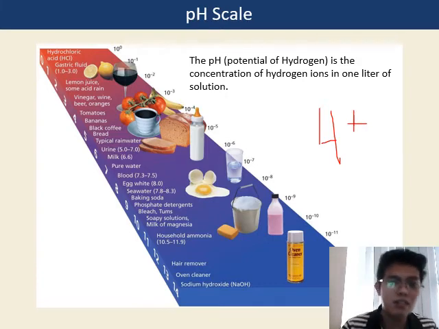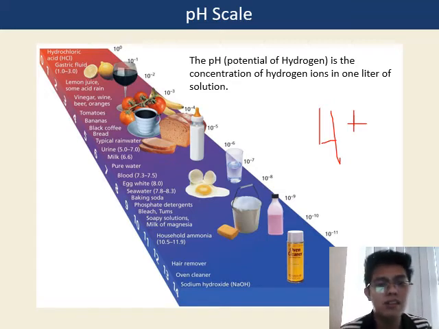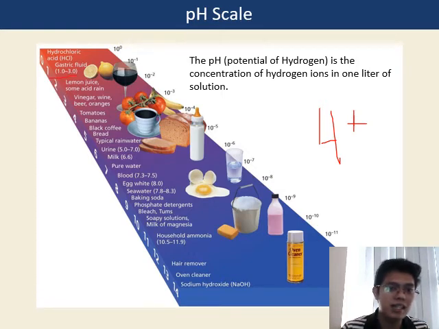So pH log 0 is for hydrochloric acid. We have gastric fluids, in the range of 1 to 3 pH, so that's really acidic.